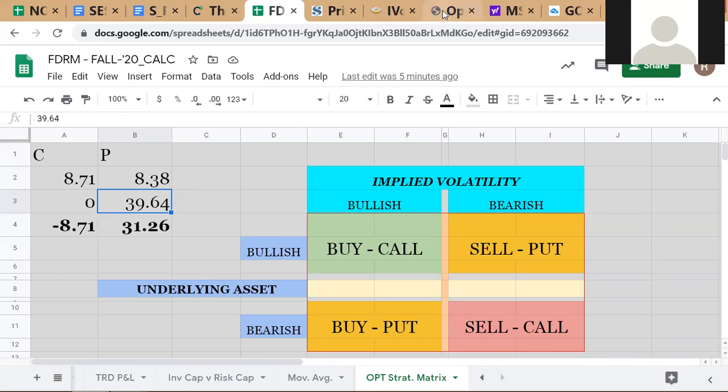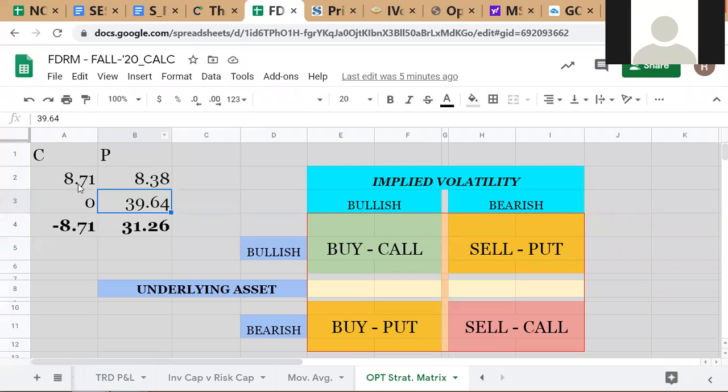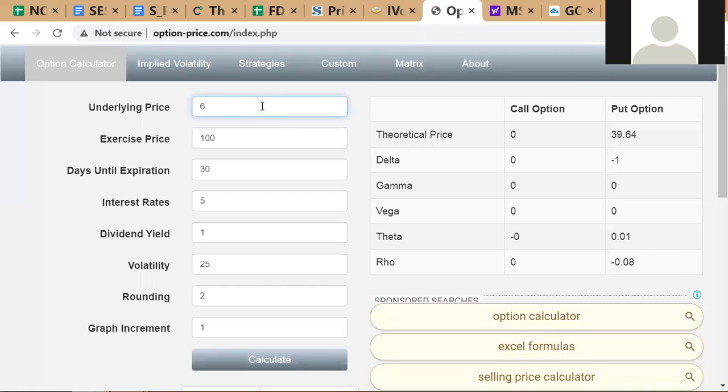Okay, if you go back to the original example, if you look at the original price, we had 871, 838. Now what has happened here? If you remember, what was the underlying? Underlying is 100, and this was 75. Although this is not a good example, I'm giving it to you once again to show why you should be focusing on the matrix that I've given you.